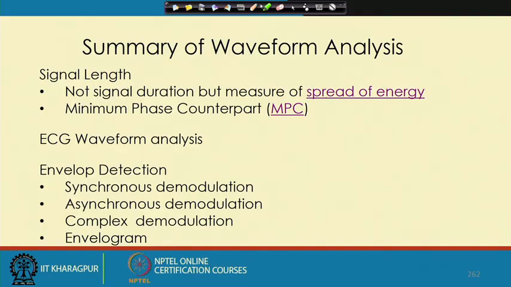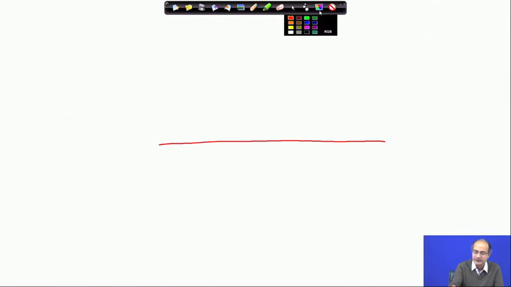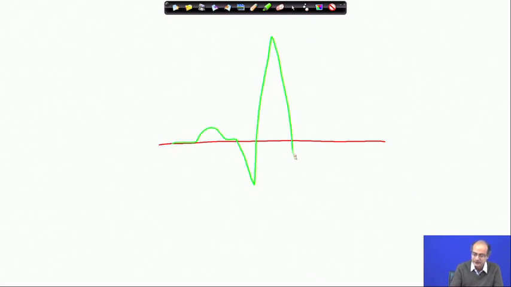Then we went for ECG wavelet analysis. The simplest form of it: if we take the baseline here, and we take the P wave followed by the QRS complex, then the T wave.